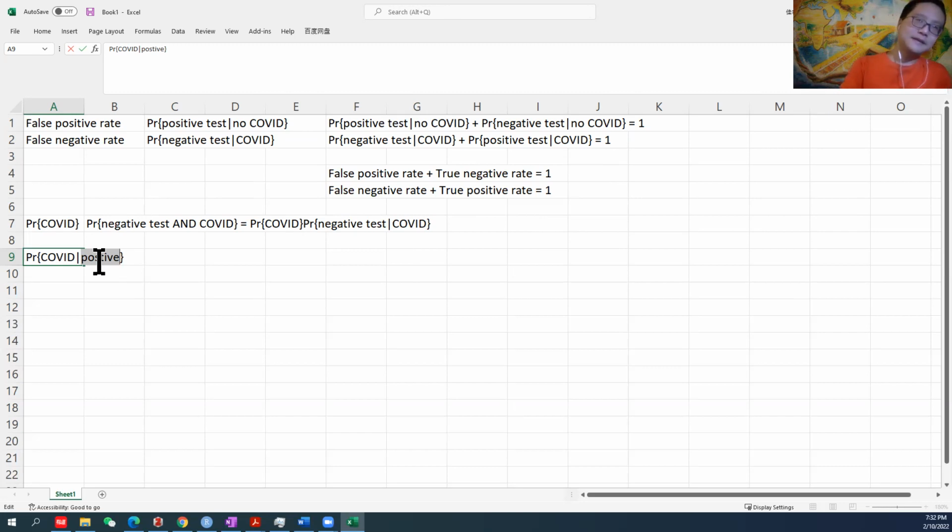We just want to find out what percent of this event also coincides with actually getting COVID. So that's what conditional means here. If we restate the question: given a person has a positive test result, what's the probability of actually getting infected with COVID?